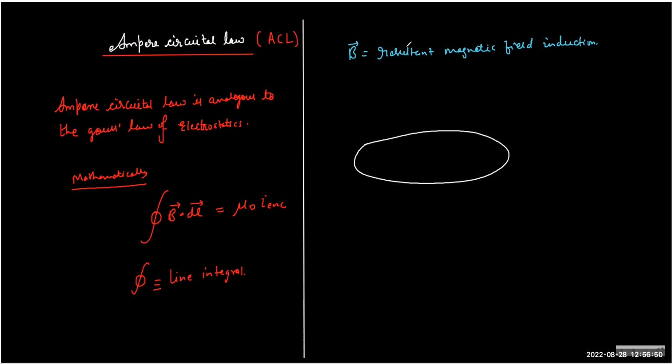This is enclosing, like, how many current carrying wires are crossing this loop. Let's say there are many wires which are crossing this cross section.